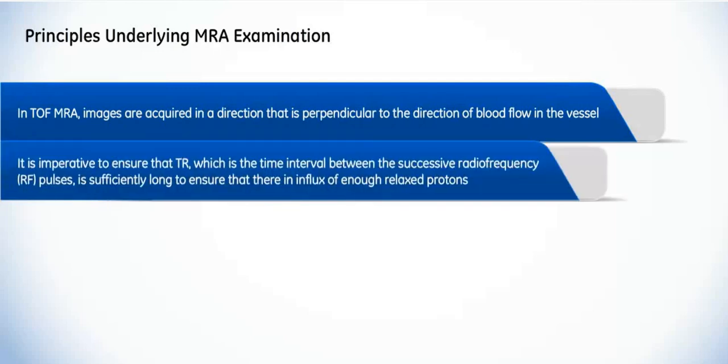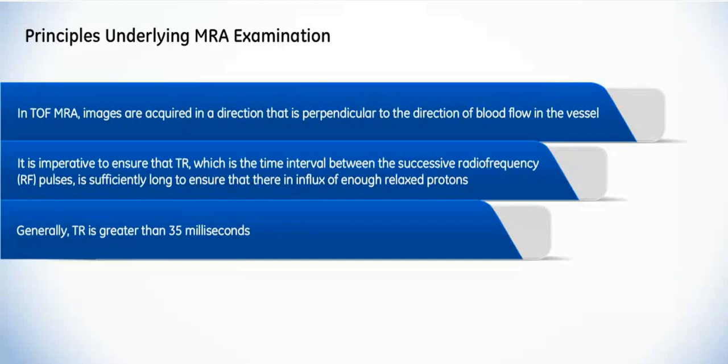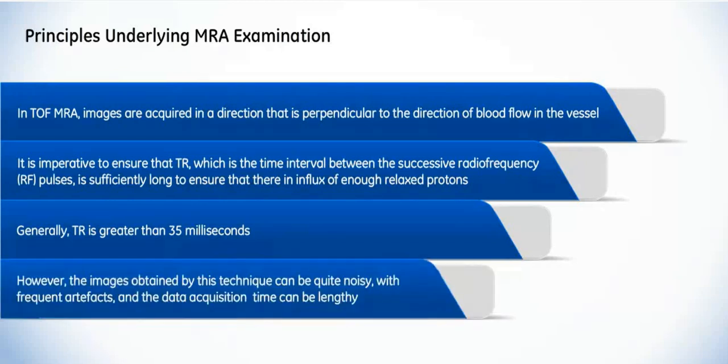Here, it is imperative to ensure that the repetition time, or TR, which is the time interval between the successive radiofrequency pulses, is sufficiently long to ensure that there is influx of enough relaxed protons. On a general note, TR is greater than 35 milliseconds. However, the images obtained by this technique can be quite noisy, with frequent artifacts, and the data acquisition time can be lengthy.